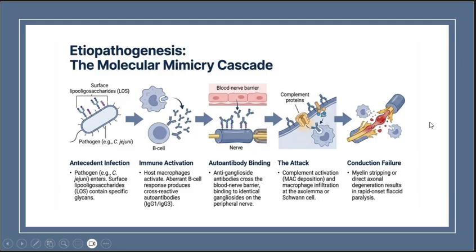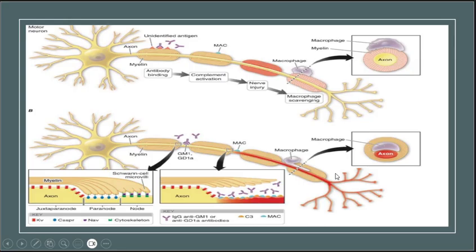The B cell produces the autoantibodies, whereas the T cells start the inflammation, with interleukin 2 and interferon gamma activated. The host macrophage enters, and they resemble the peripheral nerve gangliosides, and these cross the blood nerve barrier, which forms the complement protein, and membrane attack complex deposition takes place. This leads to the stripping of the myelin and direct axonal degeneration and results in paralysis.